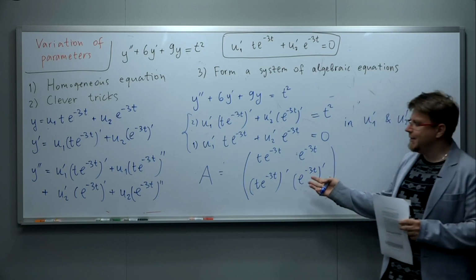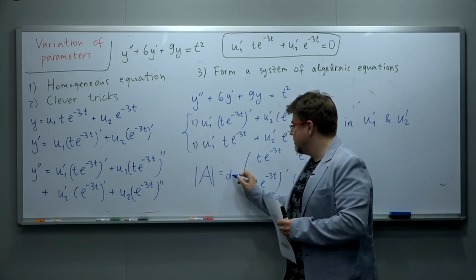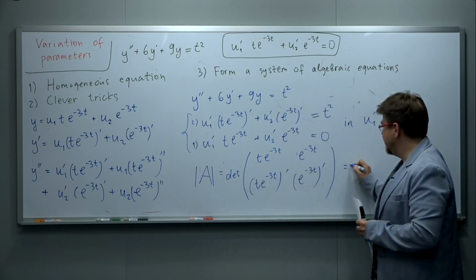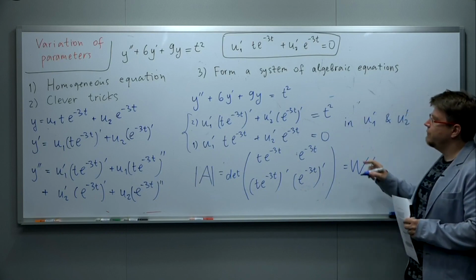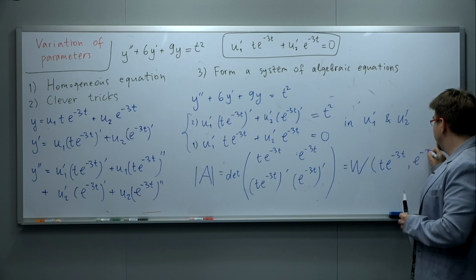Well, and you see that this is the Wronskian matrix. So the determinant of this matrix is precisely the Wronskian of two functions, t e to the minus 3t and e to the minus 3t.